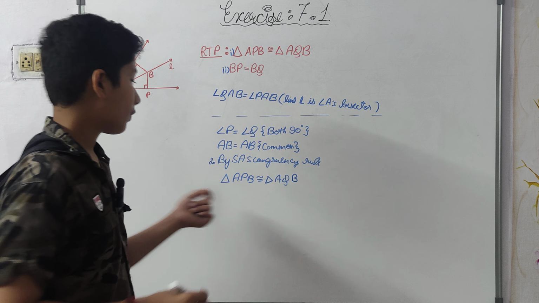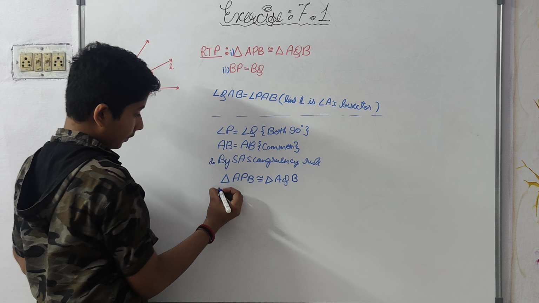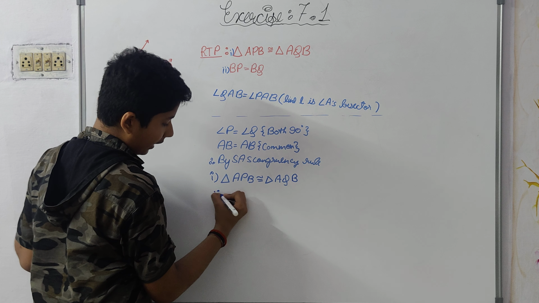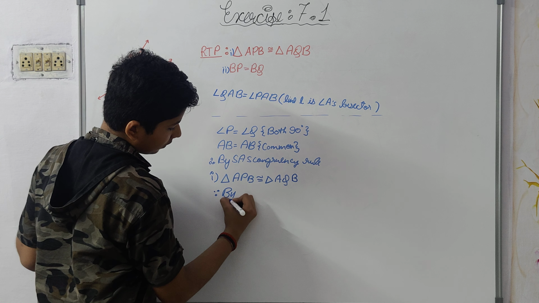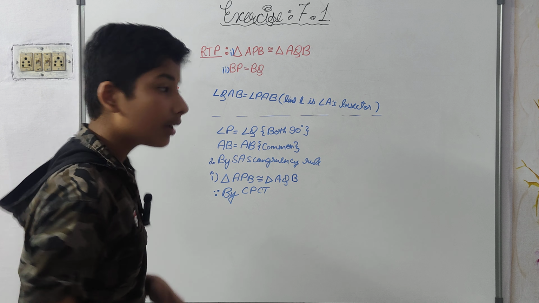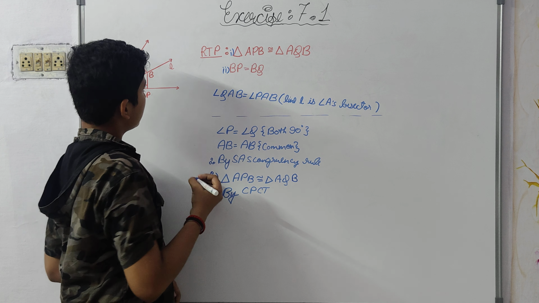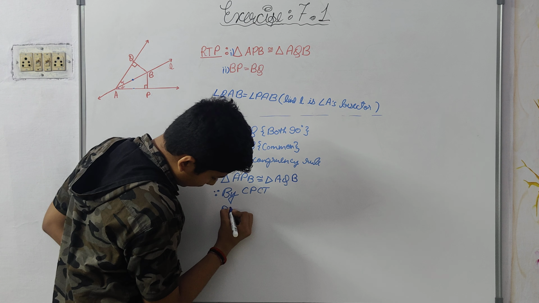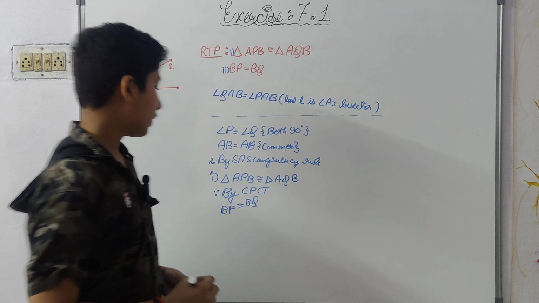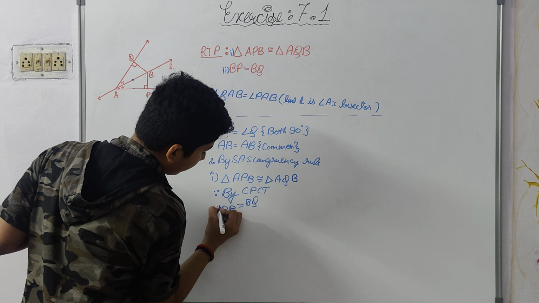So we have proved that triangle APB is congruent to triangle AQB. This will be the answer of the first part, and we'll write: therefore, by CPCT we can say that this line equals this line, BP equals BQ. Hence proved, and this will be our answer of the second one.